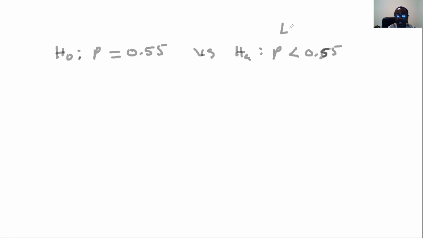Now this is a left tail. So what is type 1 here?